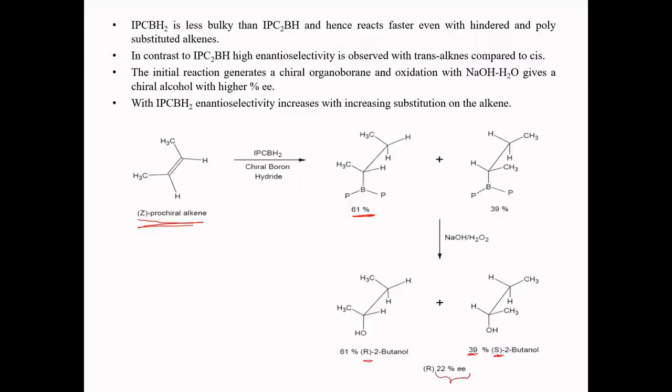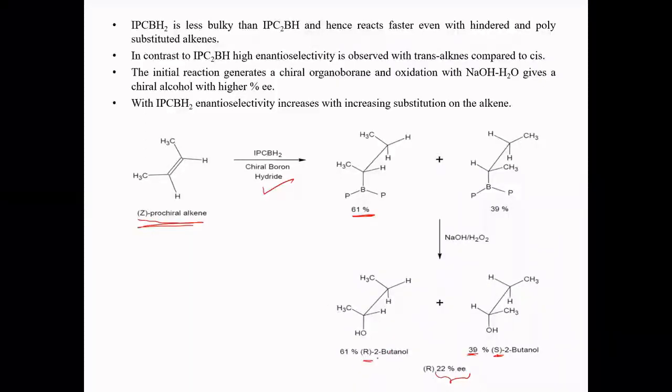It may happen that if your catalyst configuration is S, you may end up with a product which is R. So there is no correlation between the configuration of the catalyst and the configuration of the product. For the specific catalyst it is fixed. If I used this one, definitely I will get the R-butanol. Then you can speak of a relation, but this is related to the catalyst. It's not a generalized statement.